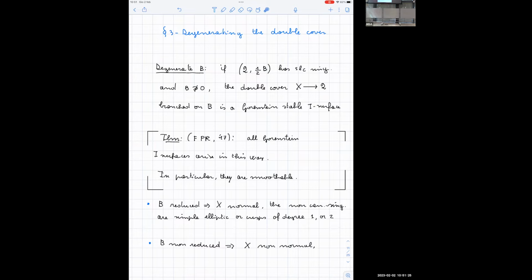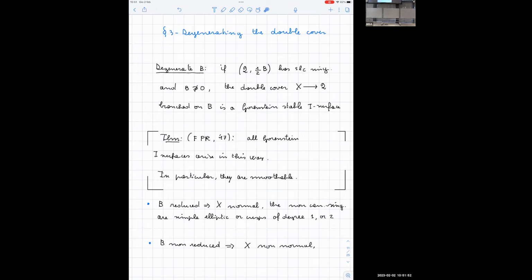So if you degenerate B, avoiding the vertex, in such a way that B does not meet the vertex and this is a log canonical pair, then you get a Gorenstein stable surface, which is of course smoothable because you describe it by specializing.